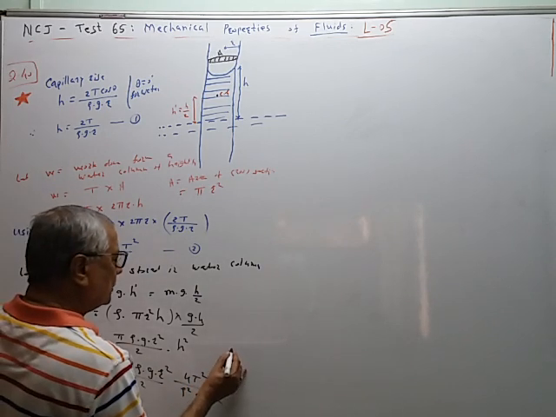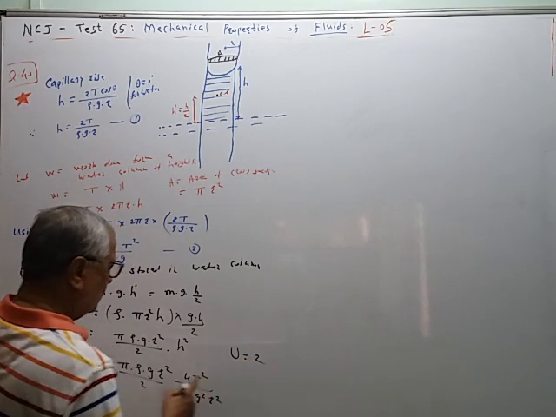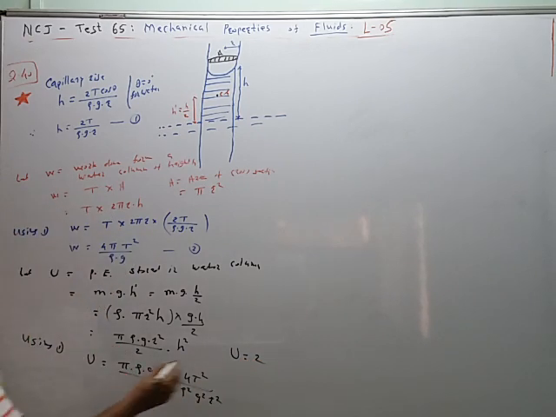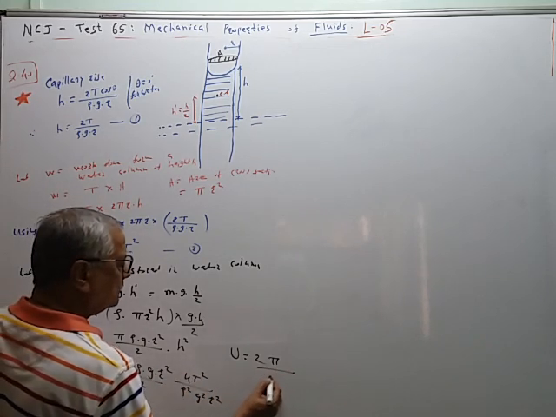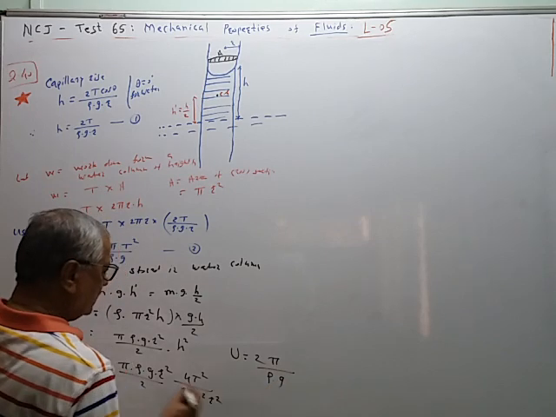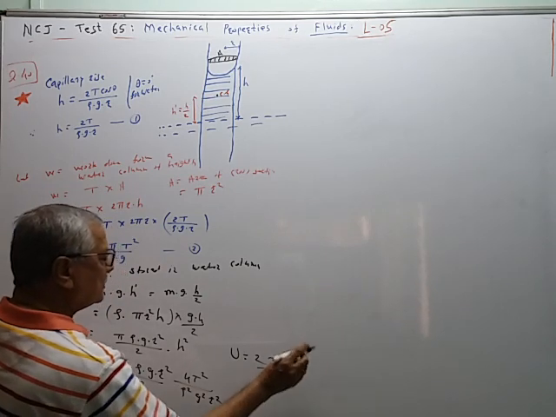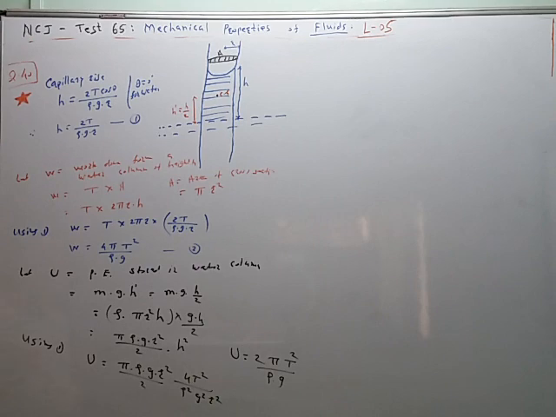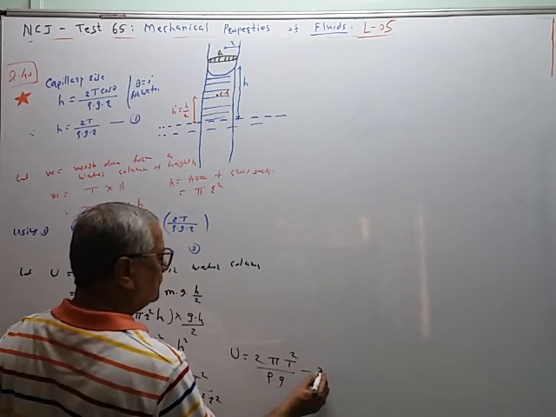Therefore, U is equal to 4 by 2, that is equal to 2 pi. Pi is remaining, rho will get cancelled, one g will get cancelled, r square will get cancelled. So this is equation 2 pi T square upon rho g. This is equation 3.